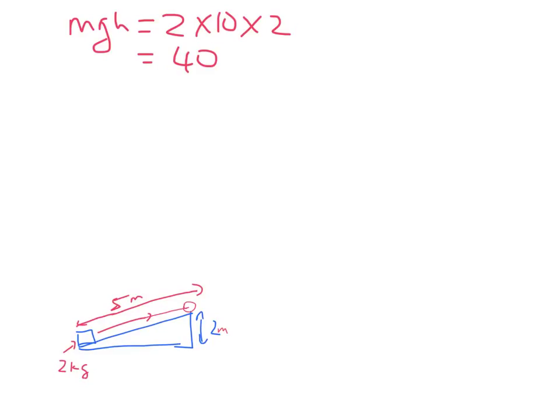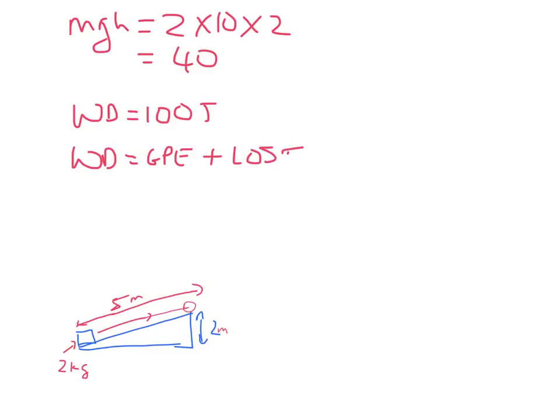Now, let's imagine the actual work done is 100 joules. Because we're taking into account friction, work done is equal to gravitational potential energy plus lost energy due to friction. Now, we can work out the lost energy.